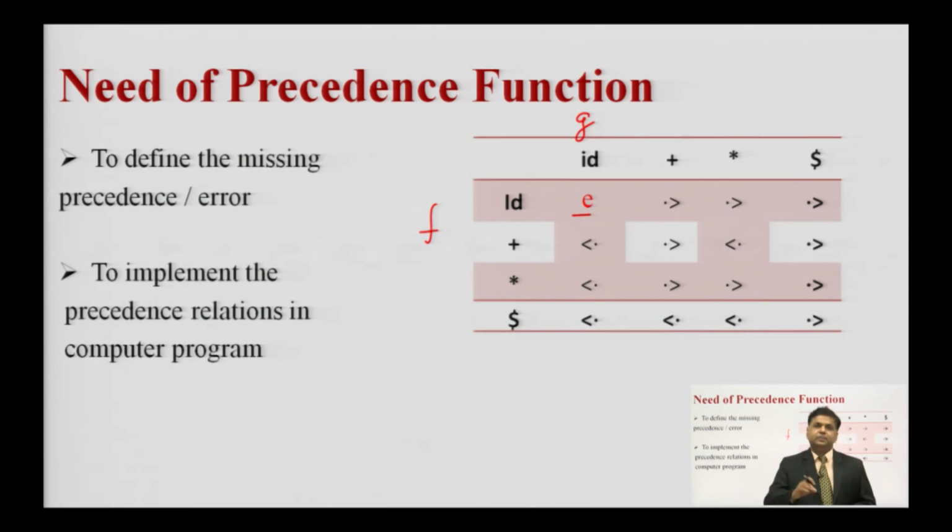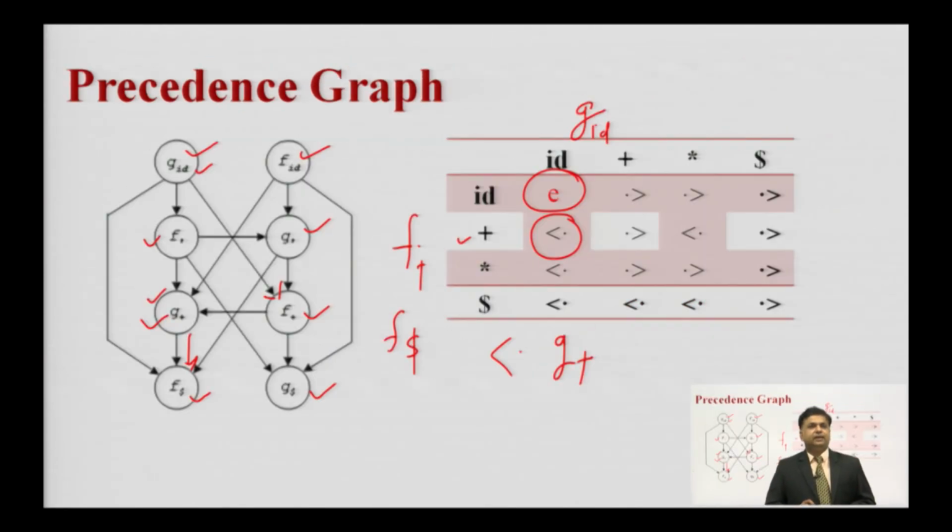To find the missing relation, we derive the precedence function, and the precedence function gives us the relation which was missing in the precedence table, and this was in the form of numerical values which can easily be compared, to see which terminal symbol is having the higher precedence.